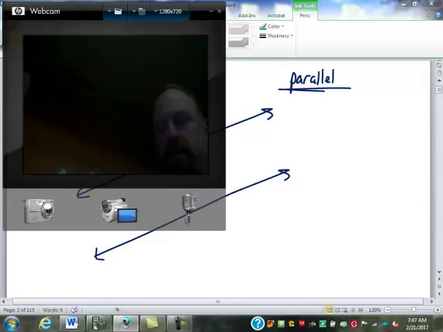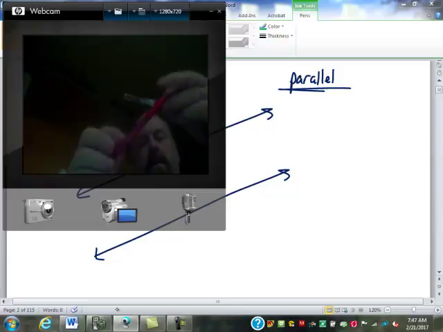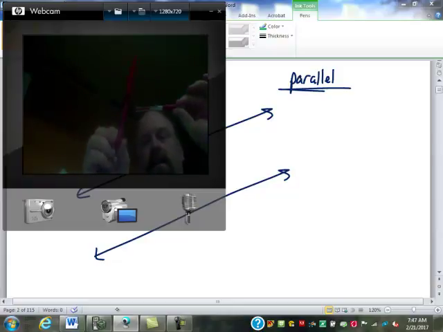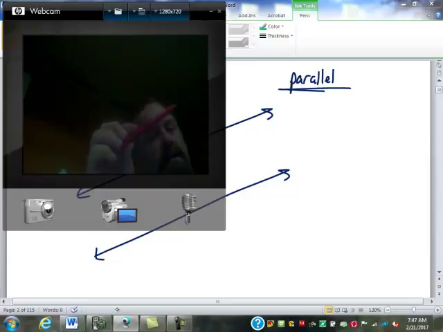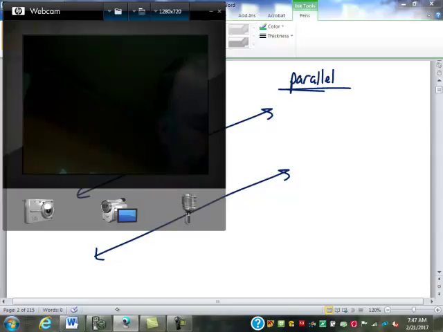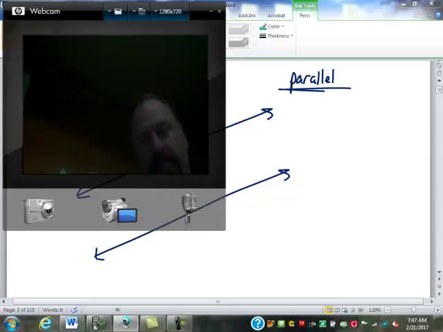For example, let's say I have, we'll use red ones so they show up, my two pens here. Right now, do they intersect? No, they don't intersect, but are they parallel? No, they're not. So in three dimensions, saying that they don't intersect is not enough.